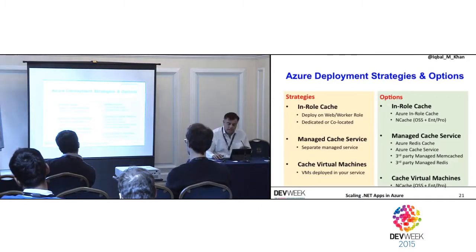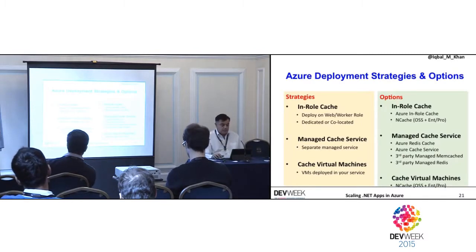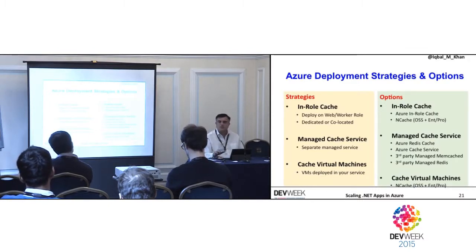I'm going to explain what my opinion is on this strategy. In the managed cache service, things are very simple for you because you don't do anything. You just ask, please give me a cache which is 30 gig, and they'll manage all the servers, they'll do everything. You just get the API and you talk to it.